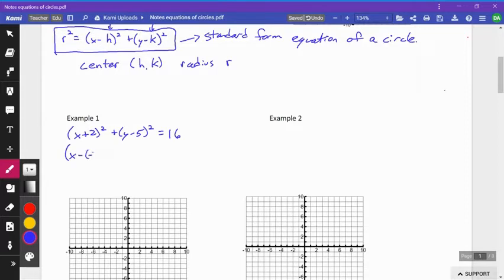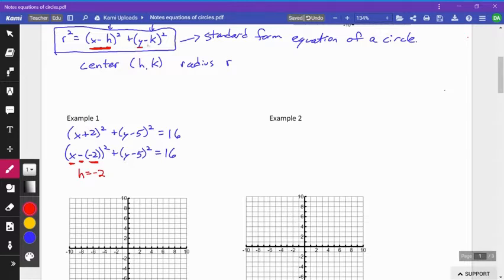So I know that I can rewrite the equation to look like the original. I'm going to write it like this. The reason I'm doing that is because the equation should be an x and then a minus the h. That's what we're looking for, that exact thing. So here I have an x minus a negative 2. So in this case, h is going to equal negative 2.